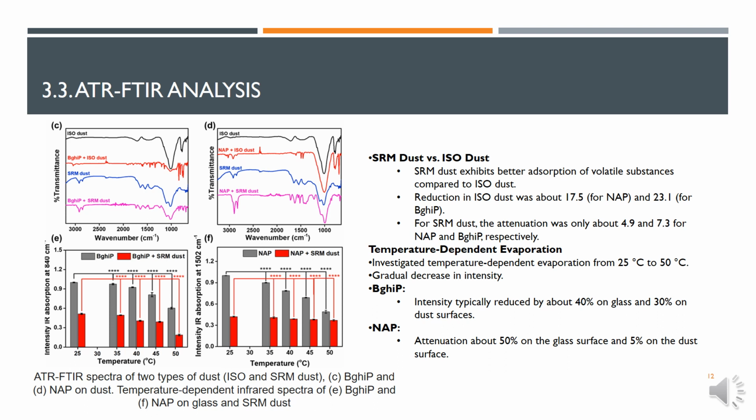With benzopyrene, the intensity was typically reduced by around 40% and 30% on glass and dust surfaces, respectively. For naphthalene, the decline was about 50% for the glass surface and 5% for the dust surface.